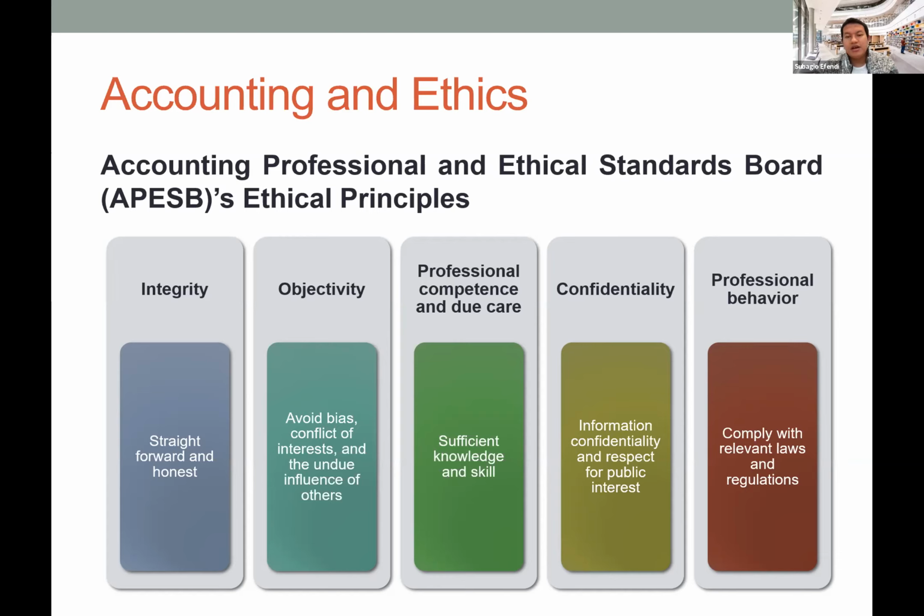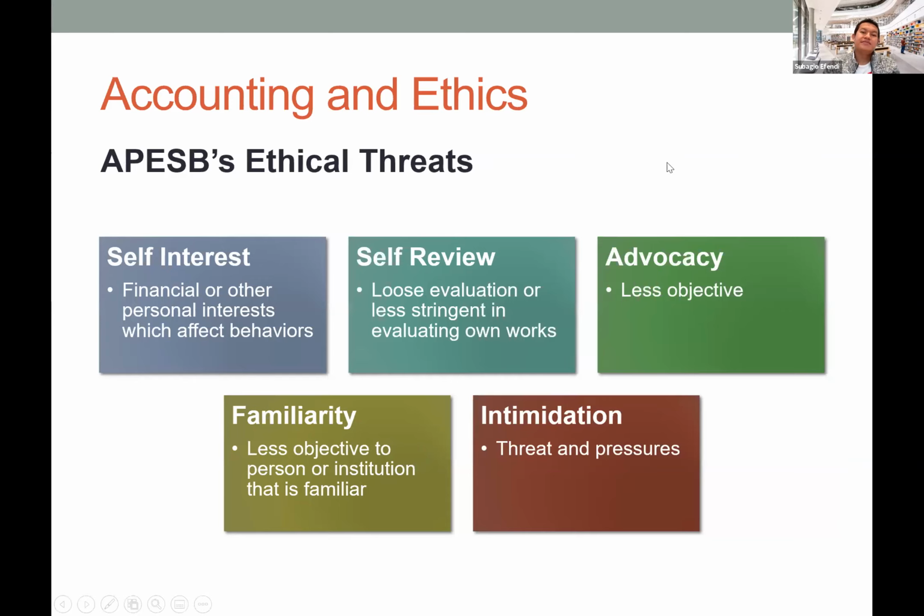Next we have the threats. Threats are basically certain conditions or situations that could put the principles at risk. We also have 5 threats based on the APES standard. We have self-interest.